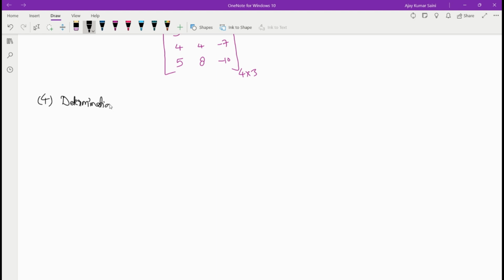Determinant of the matrix. It is a very easy topic.